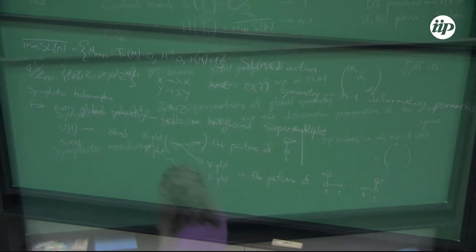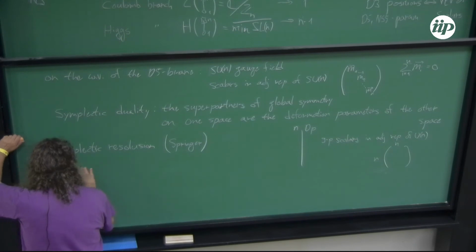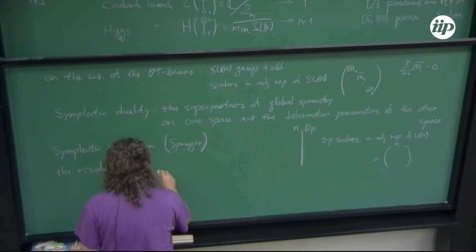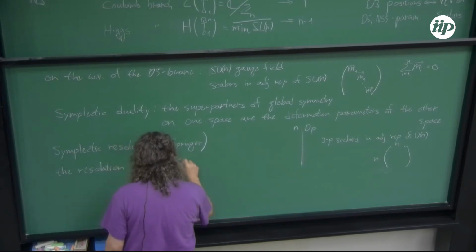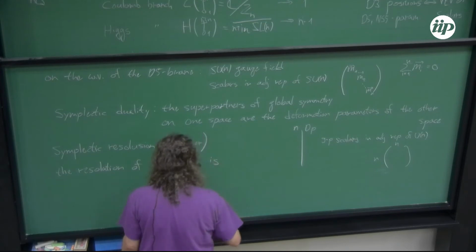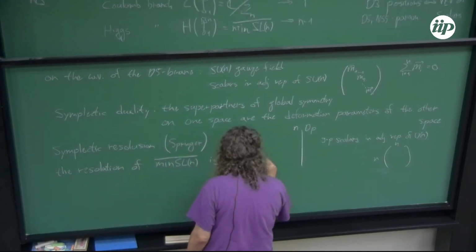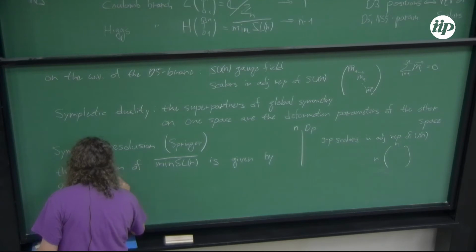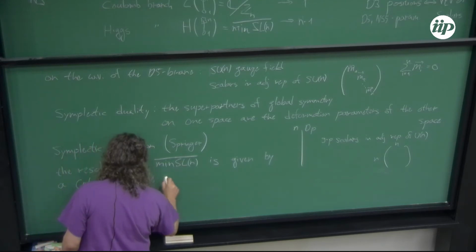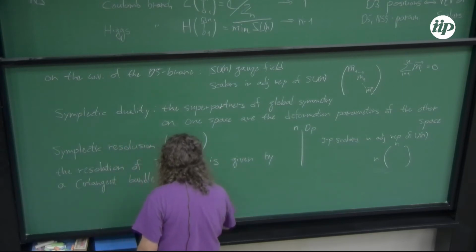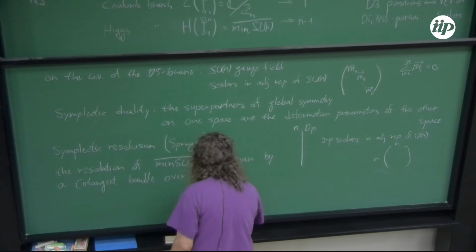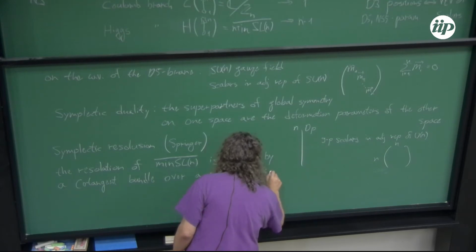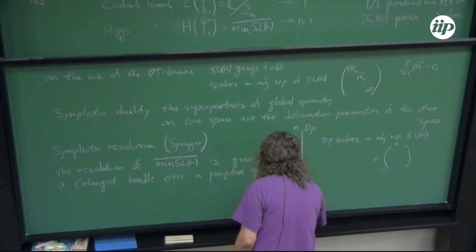And so the resolution of the closure of the minimal orbit of SL(N) is given by a cotangent bundle over a projective plane, or projective space. And the mathematical notation for this is T star.